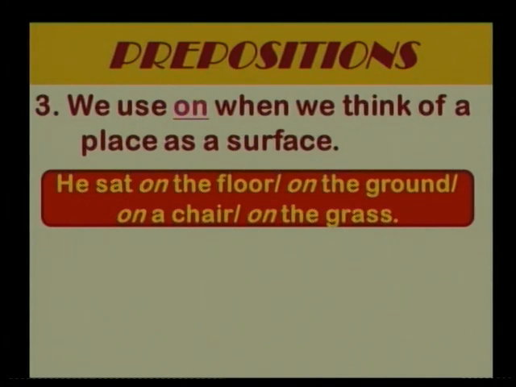He sat on the floor, he sat on the ground, he sat on a chair, he sat on the grass. ધ્યાનથી જુઓ. floor, ground, chair અને grass. આ ચારે સ્થાન તમને એક સરફેસ બતાવે છે.